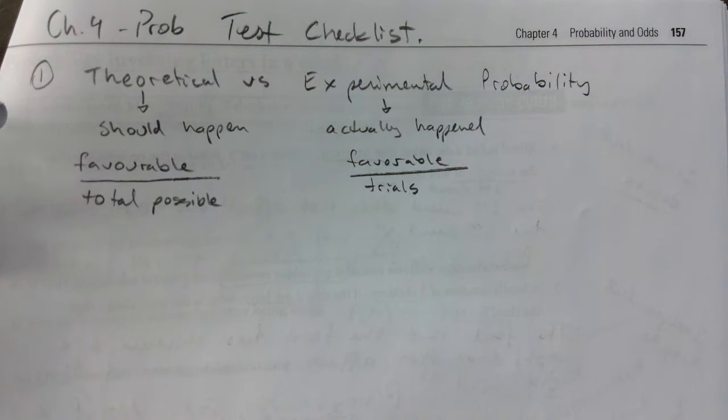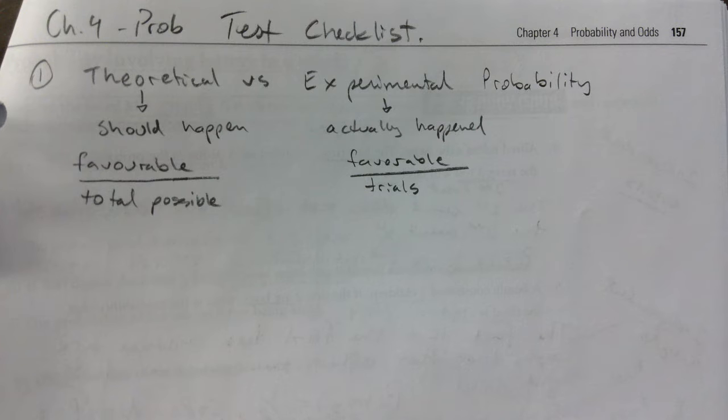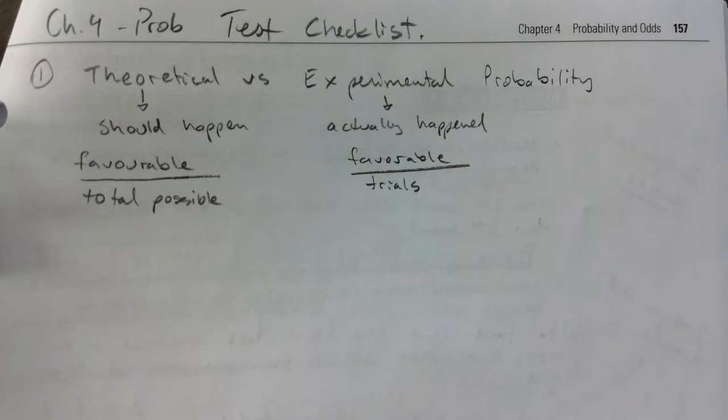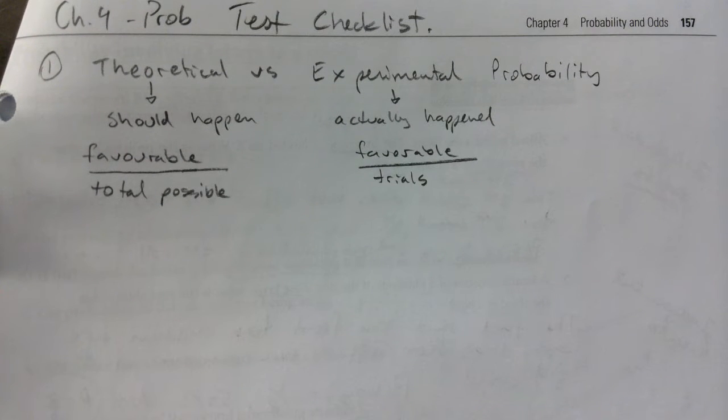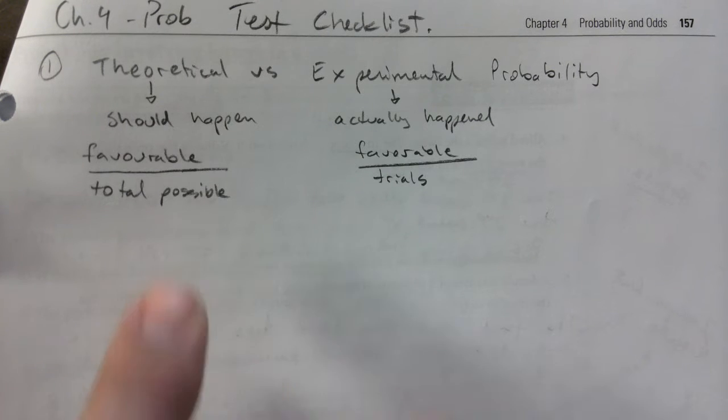So let's say you're actually testing that and drawing cards from a deck, and you come up with your own little experiment to see if it's in fact true that it's 1/2, right? It's 50%. And there's a problem with sample size. You have to do enough experiments to get these to be similar.